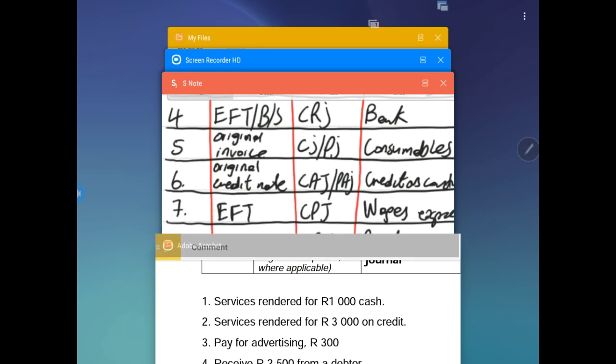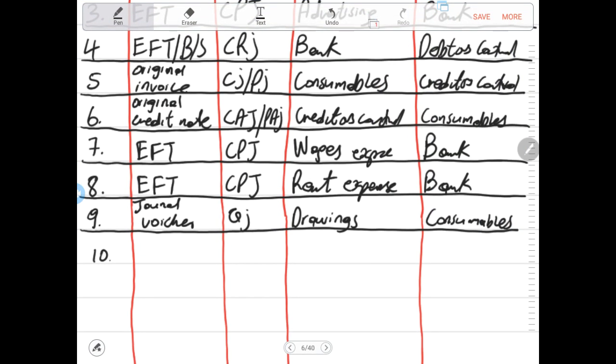So now let us record our number 10. We said because we have paid, it will be EFT, or original receipt. Complete that one. It is a cash payment journal because we paid, remember. Then we said because we paid, bank will decrease on the credit side.